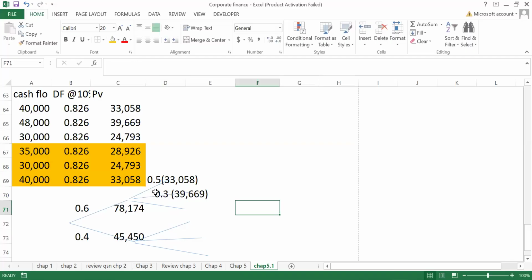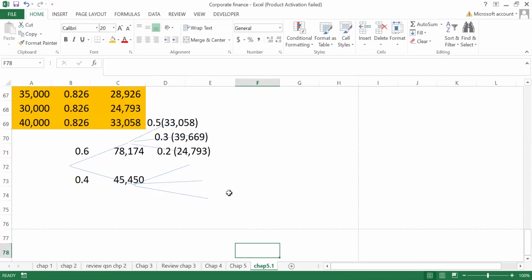Please remember my cash flows are not negative, but just to separate it from the probability. So I hope it will not confuse you. Yes, no, it is clear. 0.2, that's the probability. The cash flow is 24,793. I think that is the first one.